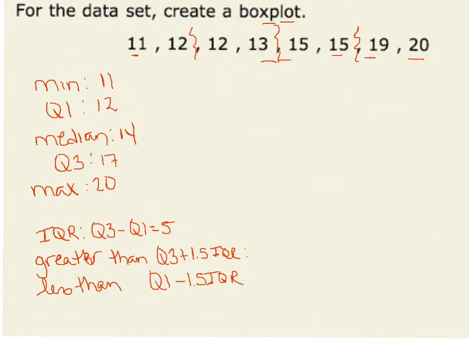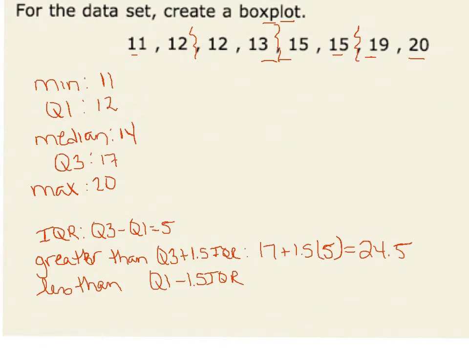For example, if we took Q3 and added 1.5 times our IQR, which is 5, then any value greater than 24.5 would be considered an outlier. In this case, we have no outliers in our data set.